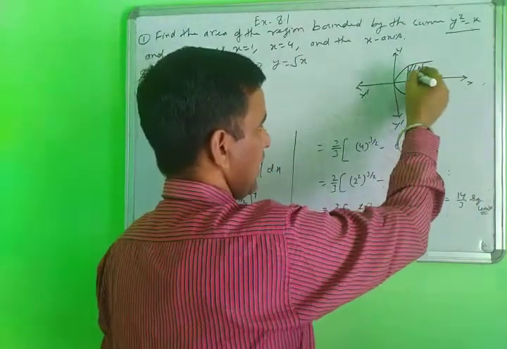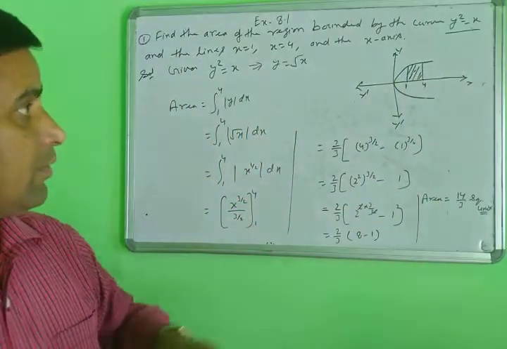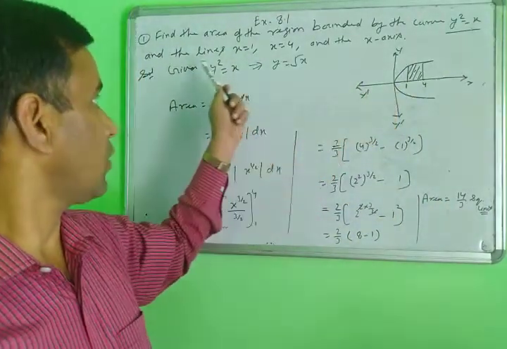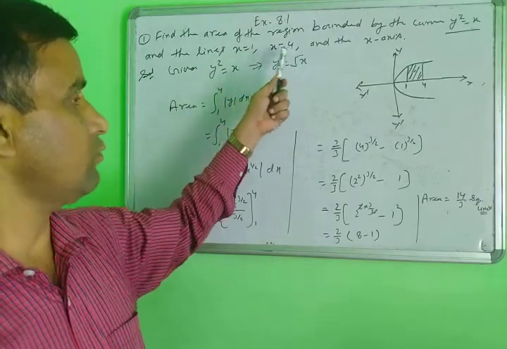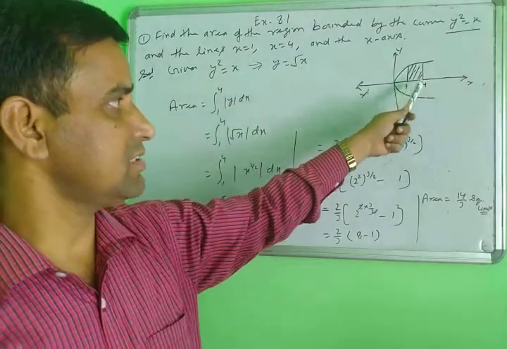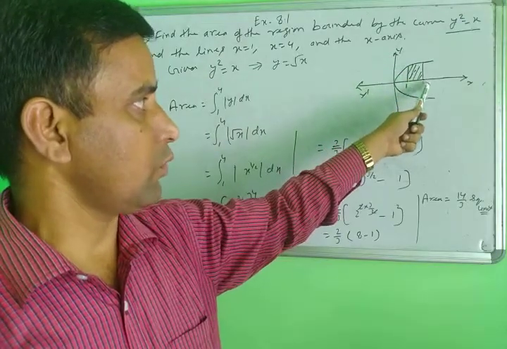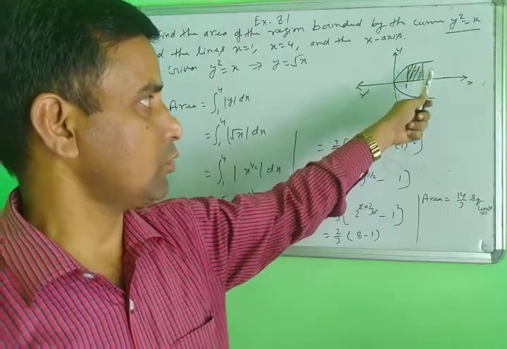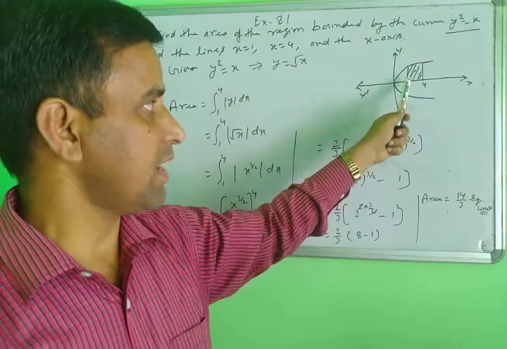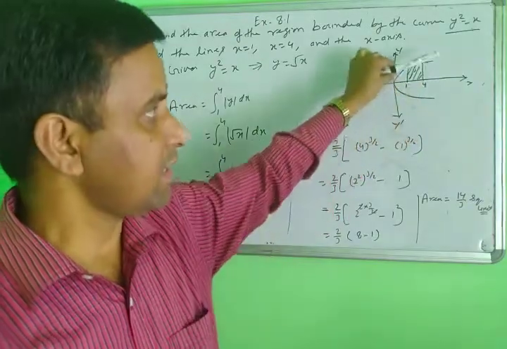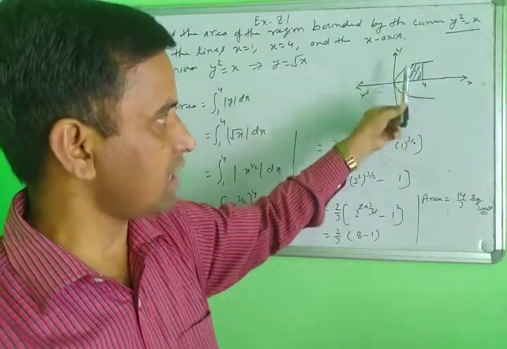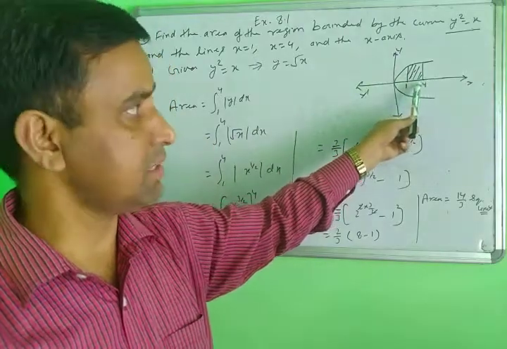The area is more, but according to this limit, 1 to 4. Suppose this is the limit 1 and this is the limit 4. Then how do we find our area? 1 to 4, only this portion, not all the portion. The portion covered by the given limits, the curve and the x-axis.